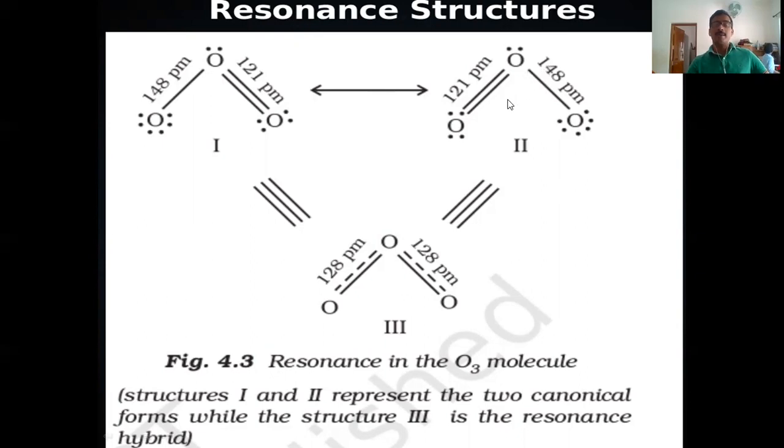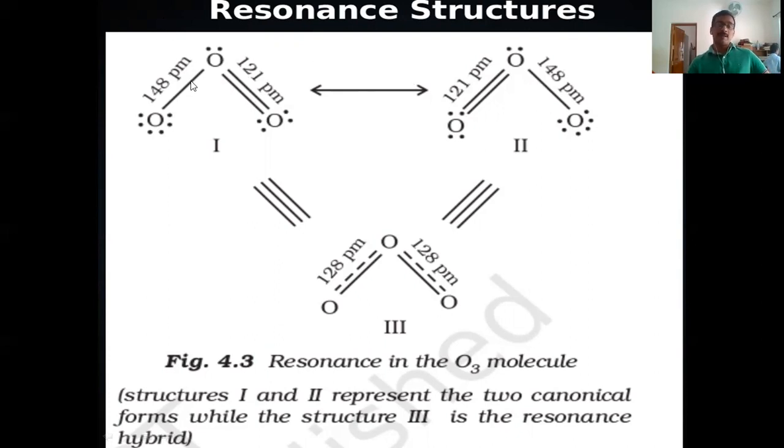Structure two is also a resonating structure or canonical structure or contributing structure. It is not the exact structure, and this is not the exact structure either. The exact structure is in between these two.